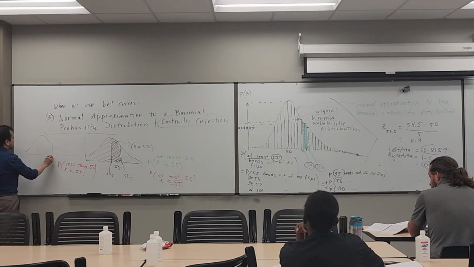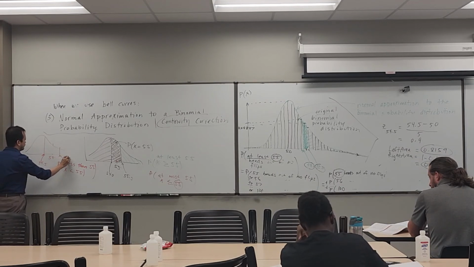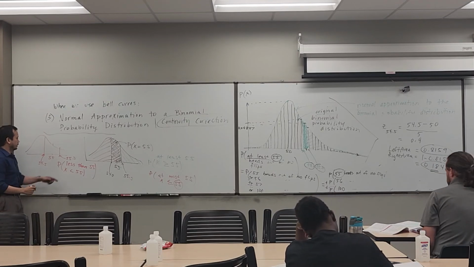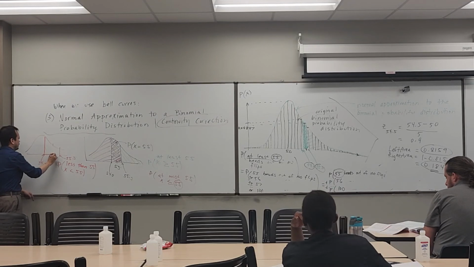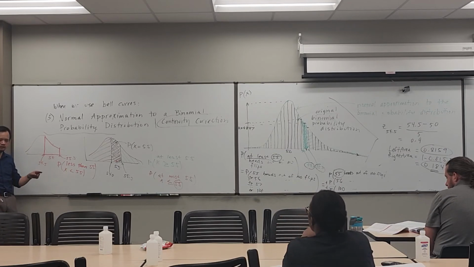So 55 is going to be here, and then there's going to be this region around it, 54.5 to 55.5. So this region is that one data point at 55 itself, but we want it to be strictly less than that data point, so we want everything to the left of that region that represents that data point. So left of this region would be only this part.